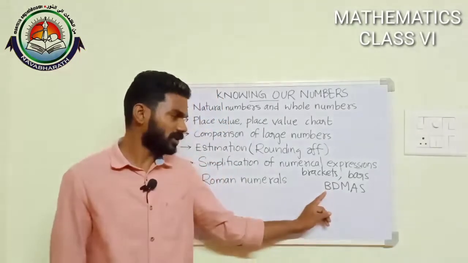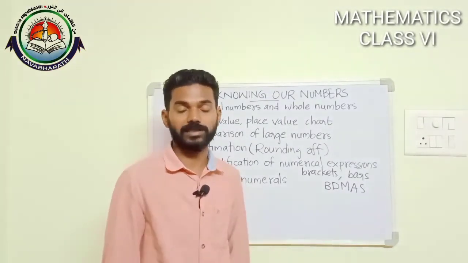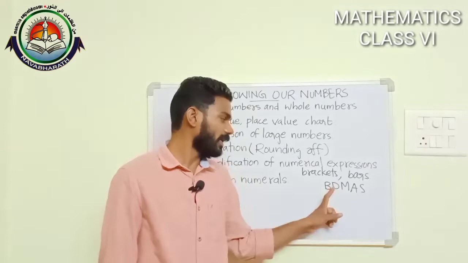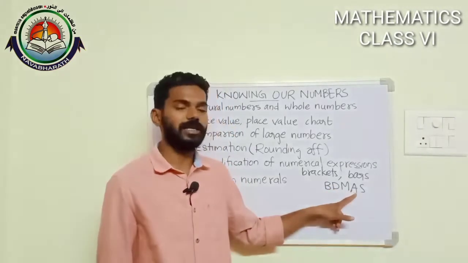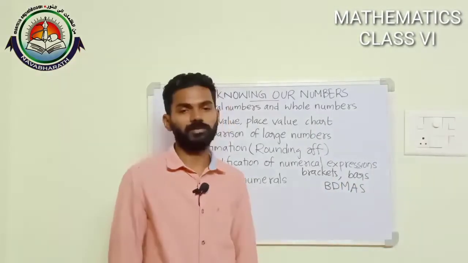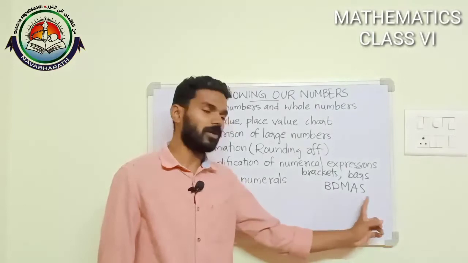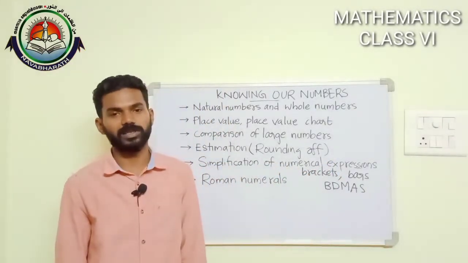Here B represents brackets. First of all, we need to simplify brackets. Then division, then multiplication, then addition, and finally subtraction. Clear? This was the order for simplification of numerical expressions.